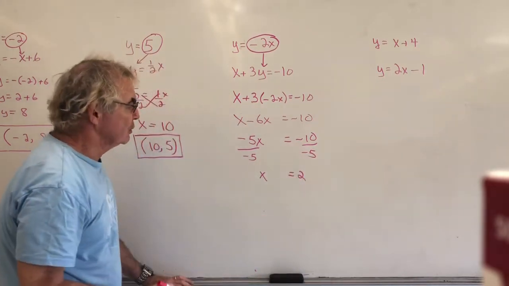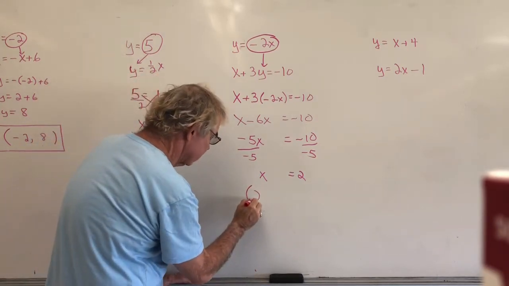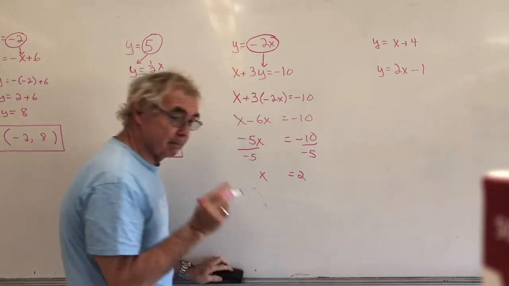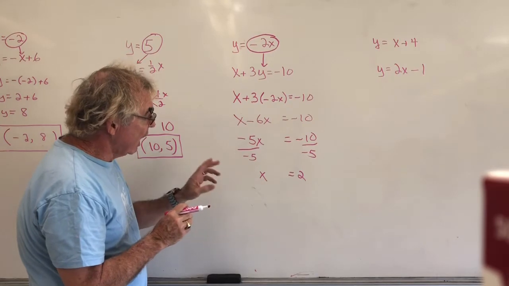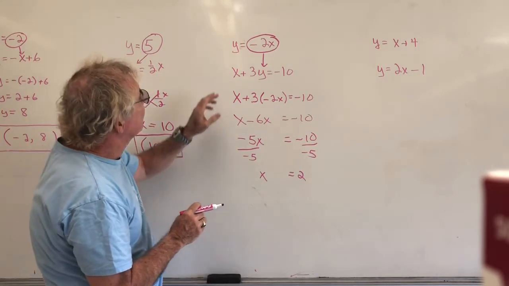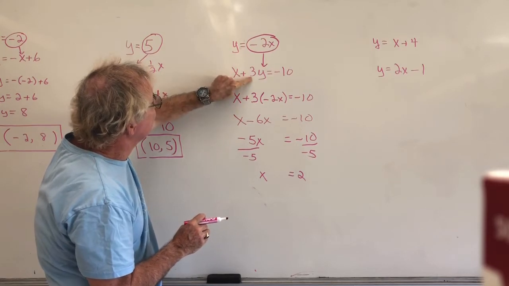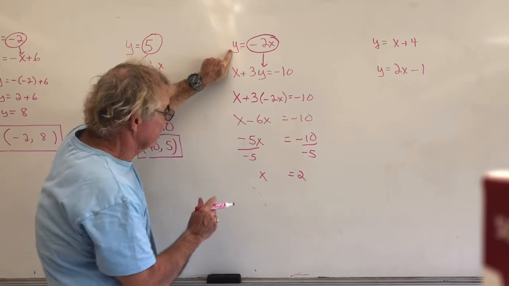So we write our answer in ordered pair form. X comes first. Excuse me, we haven't received y yet. We've got to get y. Now, y can be obtained by using either this equation or the second one. But I think the one I have circled would be the quickest.